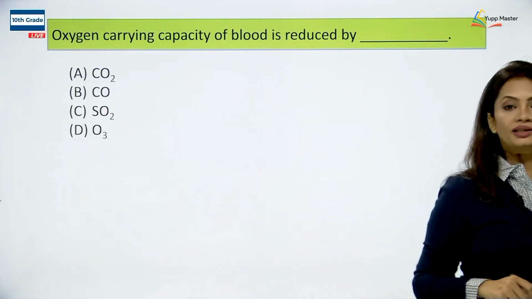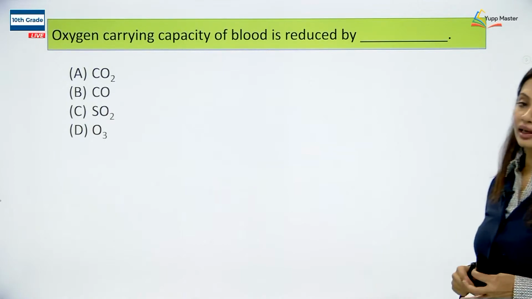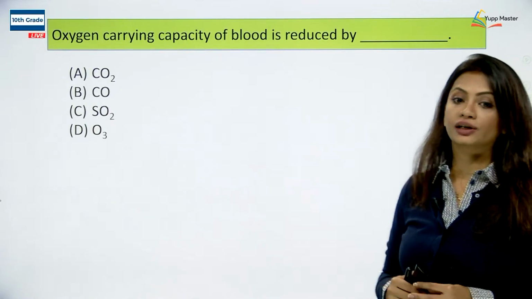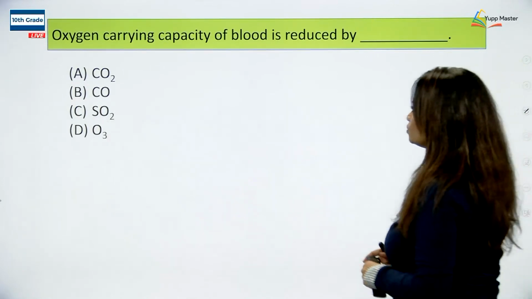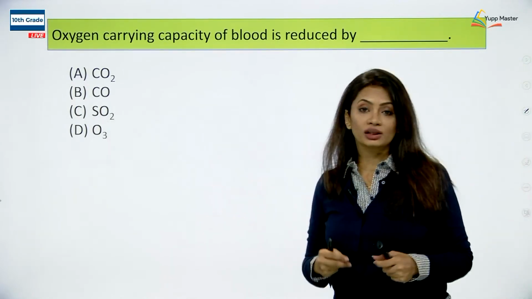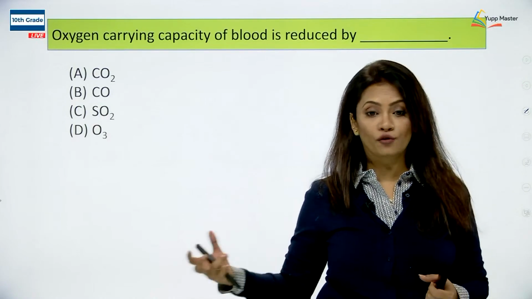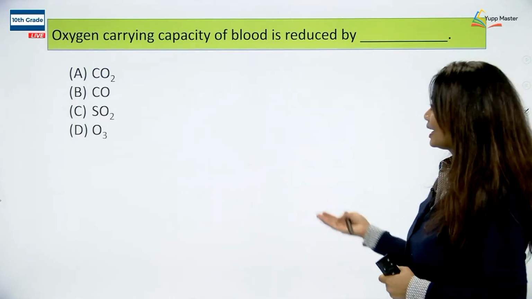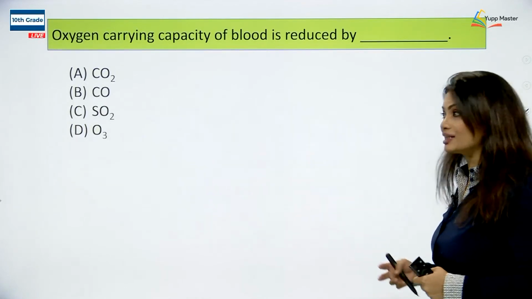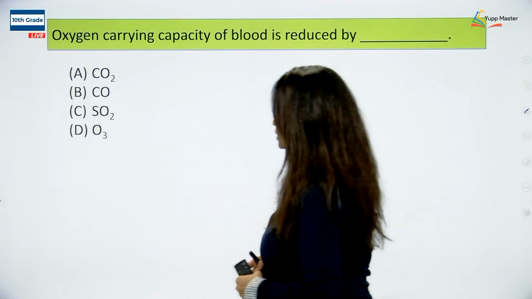Alright, next question. The oxygen carrying capacity of blood is reduced by what? When would oxygen not be carried forward? Due to which substance would oxygen not be carried forward?